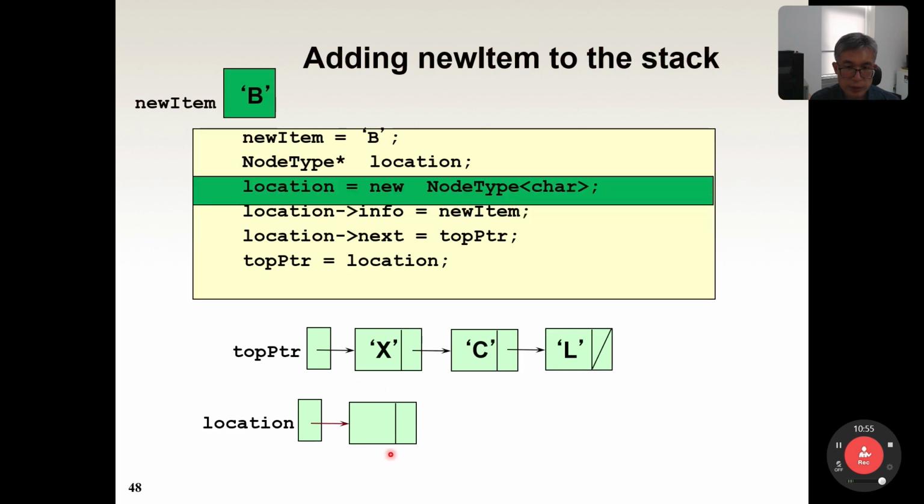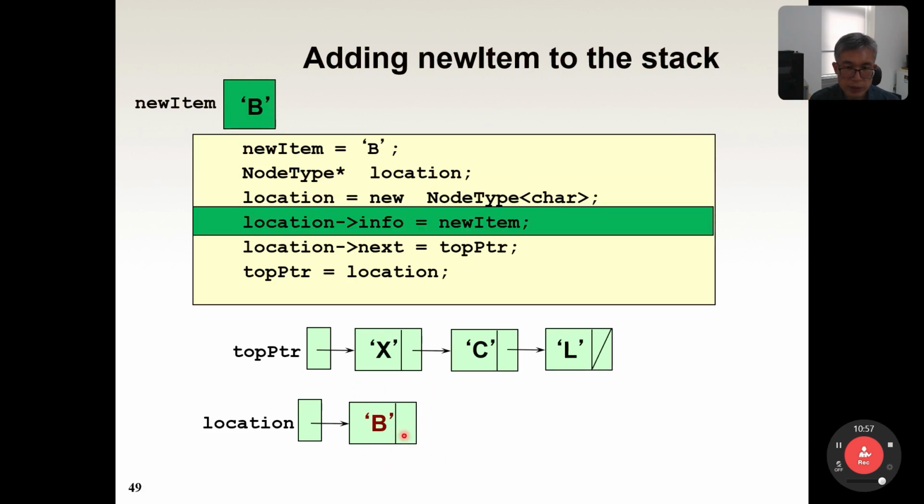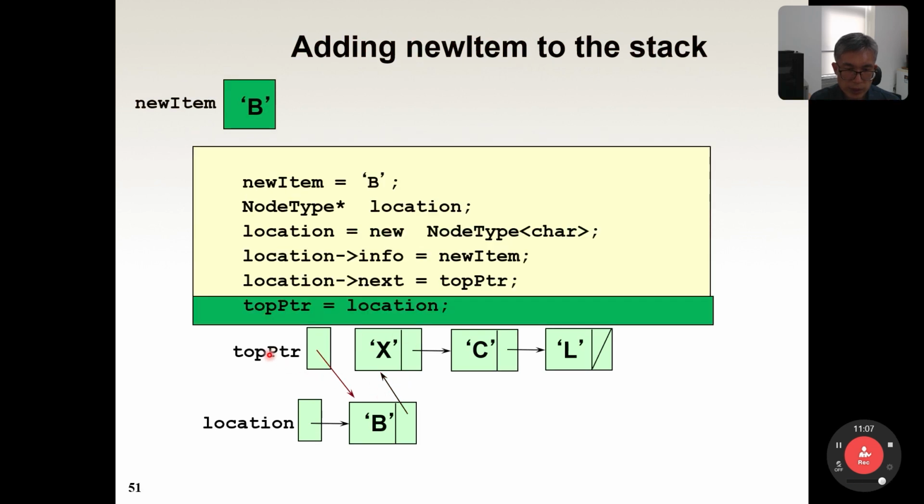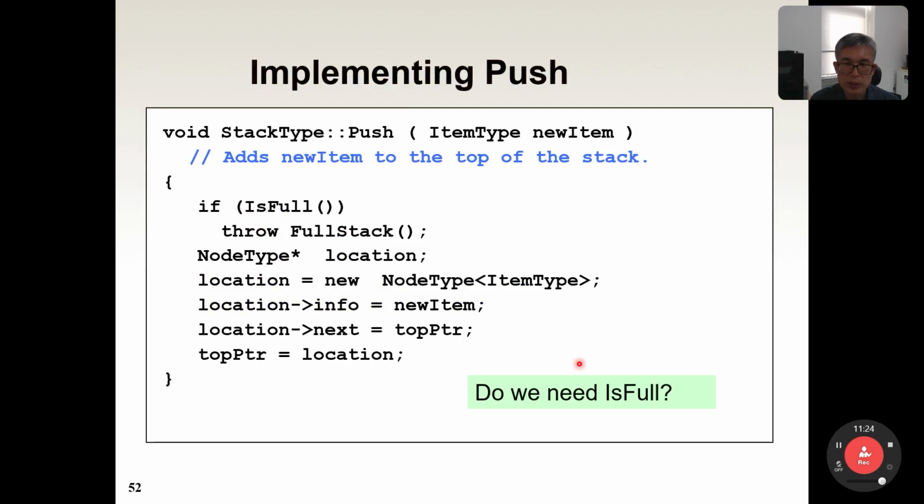Initially this is garbage, and this one is set to B, and then for the pointer, location next is set to the top pointer, this node, and then the top pointer is adjusted to the location. And then top points to the new B node, and this B's node points to the previous top's first node, right, and then we adjust the stack linked list.